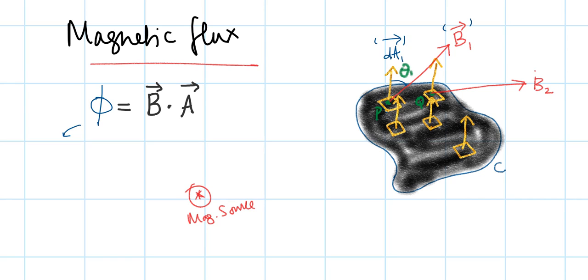And the intensity be some B2, and the area vector be say some dA2. Okay, and let the area vector and the magnetic field vector be offset by some other angle, say theta 2.